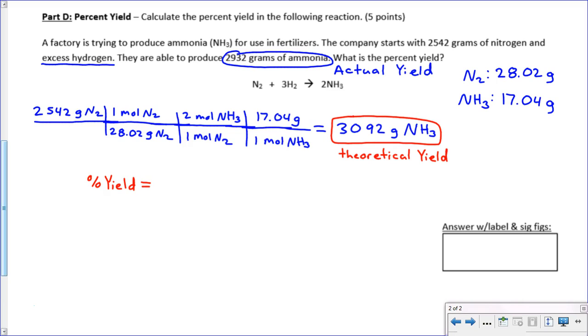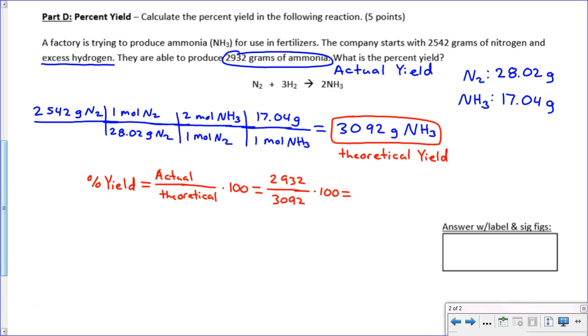we do the actual over the theoretical times 100. Okay, in this case, the actual yield was 2,932 over the theoretical yield, 3,092 times 100.